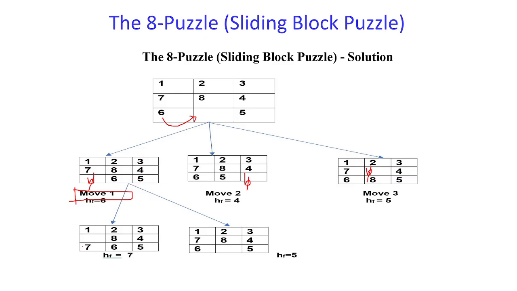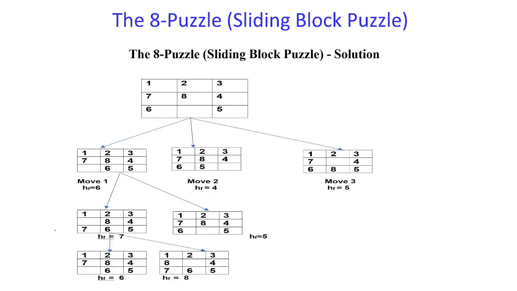Now, if I move 7 here, because here is the blank space, right? 7 here or 6 here, the blank space varies again. Again, you can see the heuristics are calculated. Here is the blank space. Now, if this is chosen again, already you can see that the order is 1, 2, 3, 4, 5, 6.